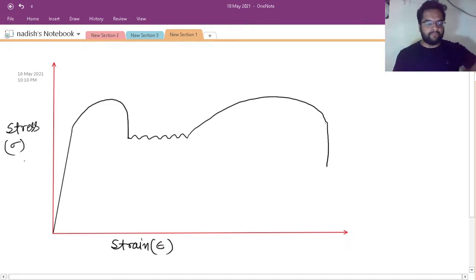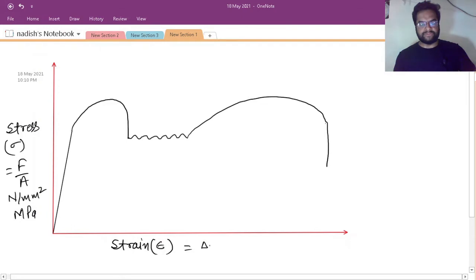We know that stress equals force per unit area, and the unit is Newton per mm square or megapascal, and strain is a dimensionless quantity, change in dimension upon dimension. Here the specimen changes its length, so I take delta L upon L.